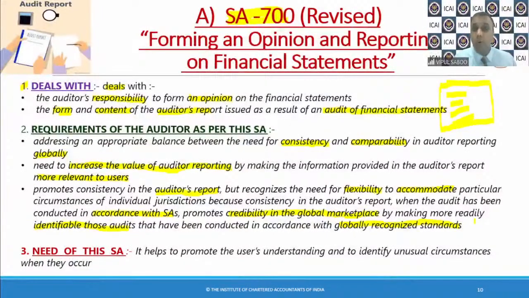They would find no relevance in present day world, in the world of multinational corporations and multinational firms. So this particular standard helps to promote the user's understanding, the user of the financial statements, and to identify unusual circumstances when they occur.